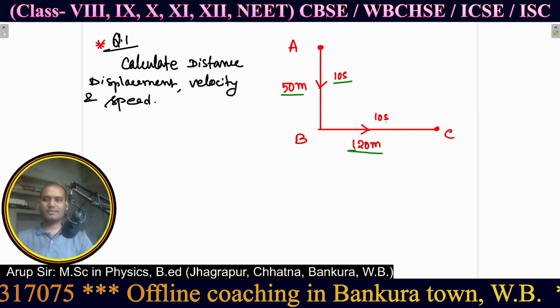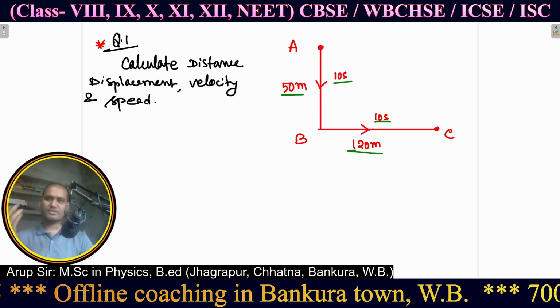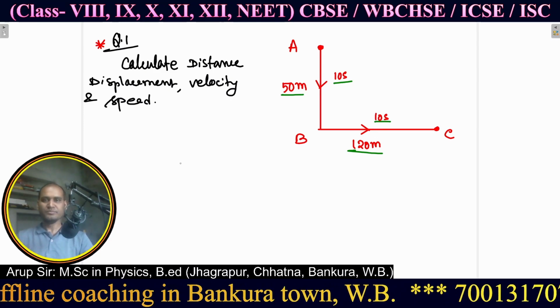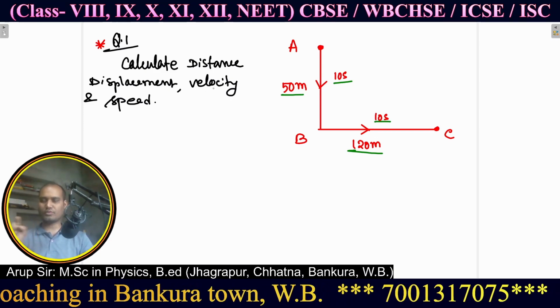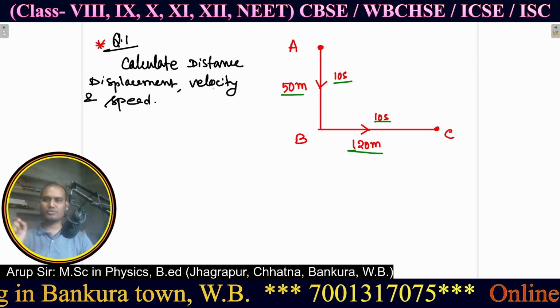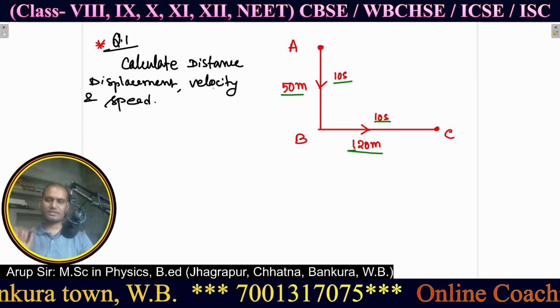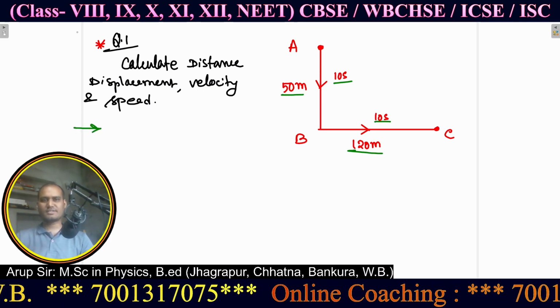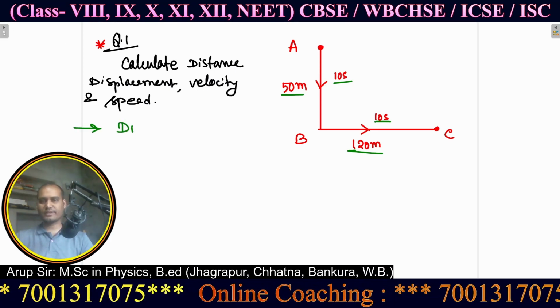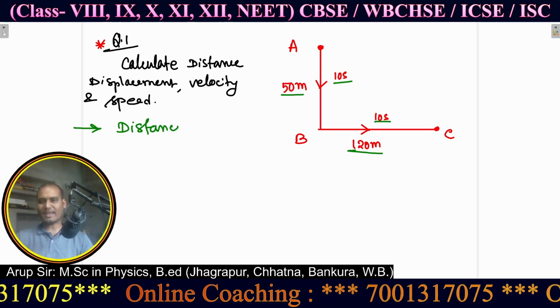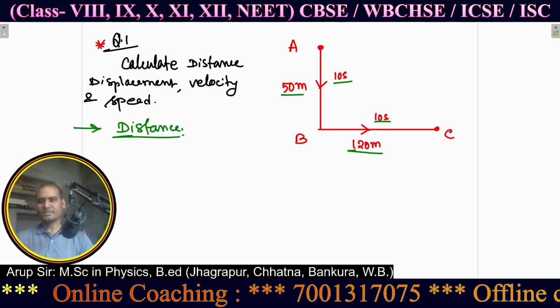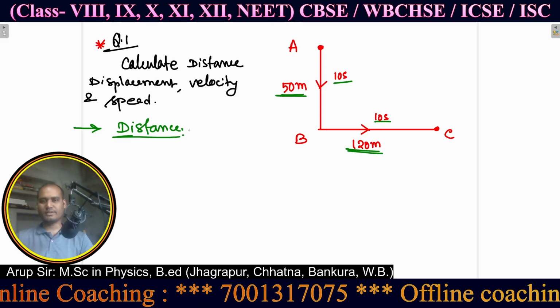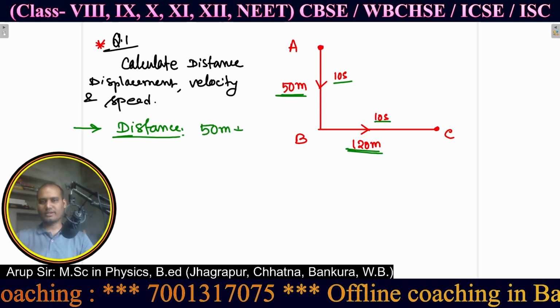And 120 meter is the distance from B to C, taking 10 second to travel. So what is the distance over the whole journey from A to C via B? Distance is nothing but the path length, right? So when calculating distance, just add all the path lengths: 50 meter plus 120 meter.